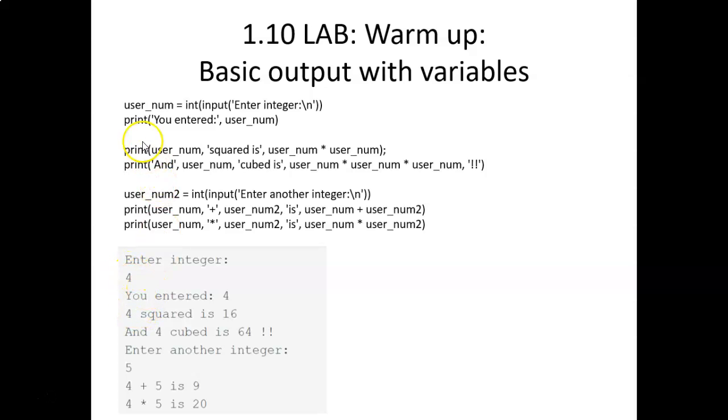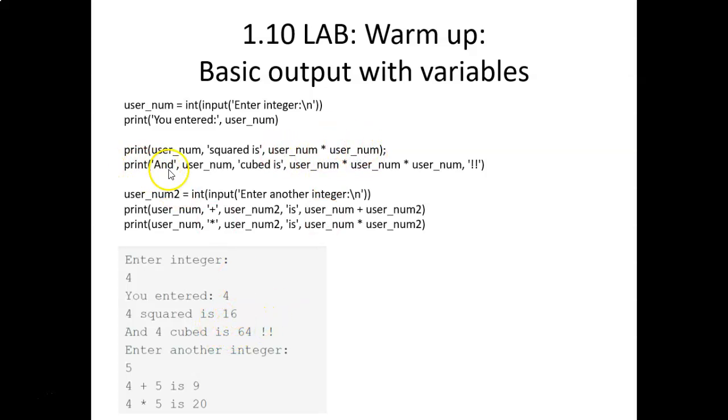Then we're going to print "you entered," that's this, and then we're going to print the variable user num that the user entered here. Then we're going to print that user num, which is 4, and then "squared is," and then we're going to print the result of 4 times 4, which is 16.